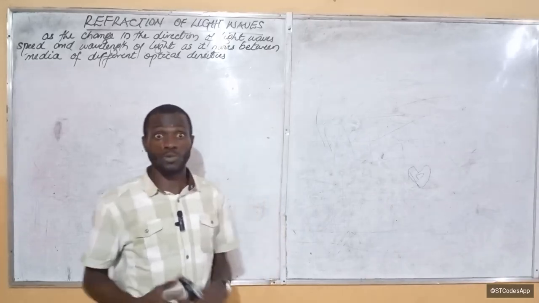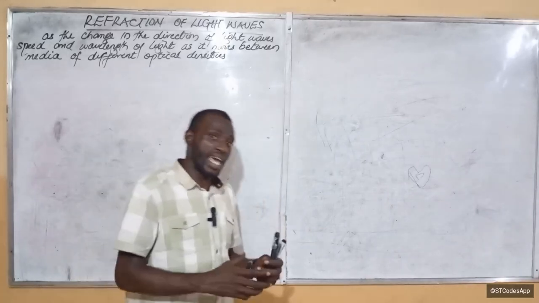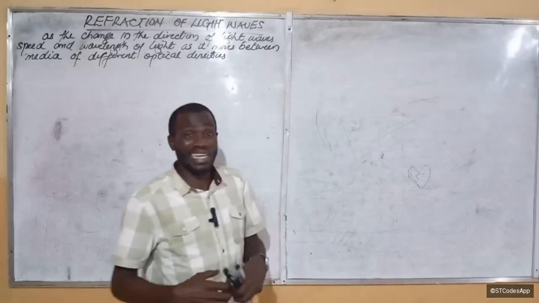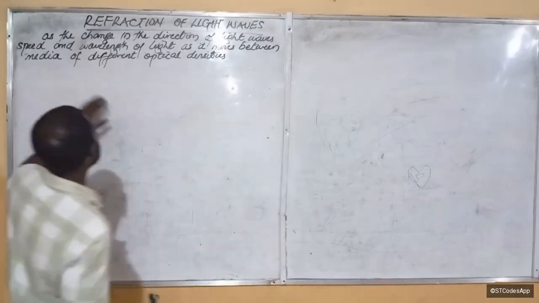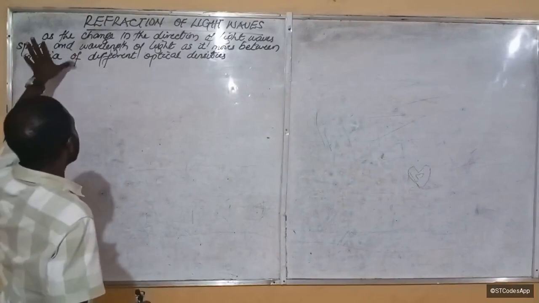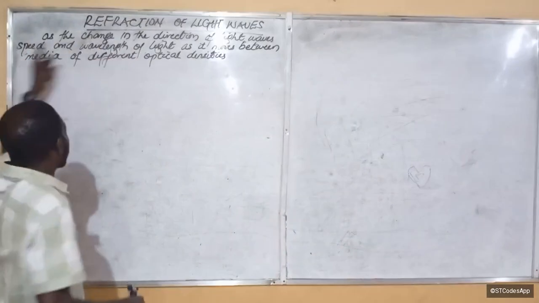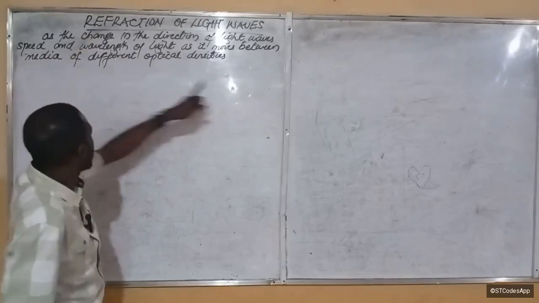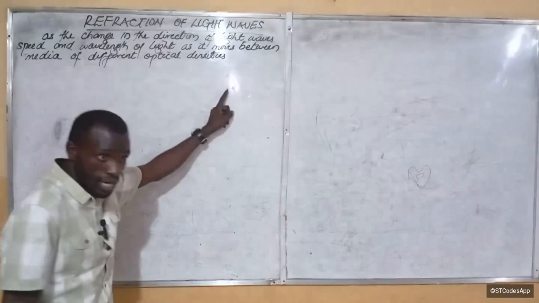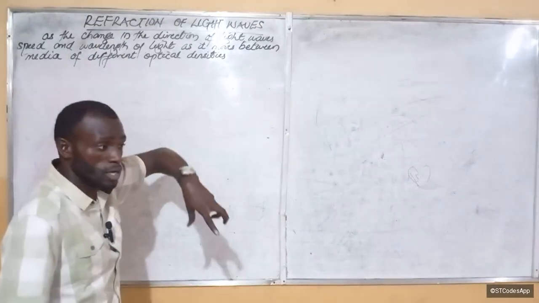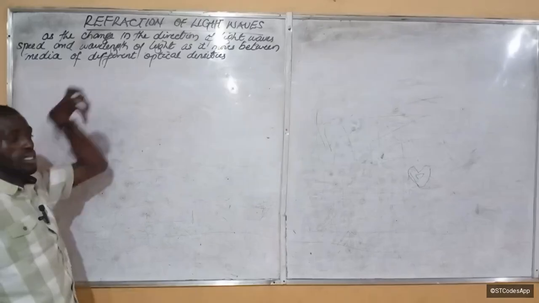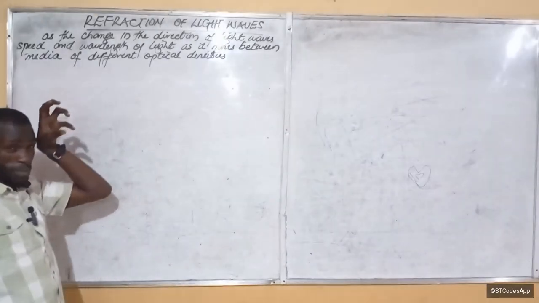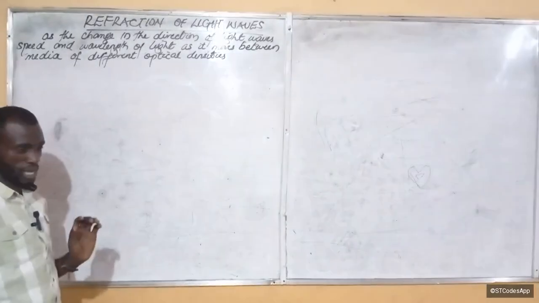Glass also is optically denser than air because it's more compact than air. So that is the change in the direction, speed and wavelength of light as it moves from one medium to another, provided the media have different optical densities. Does that make sense?